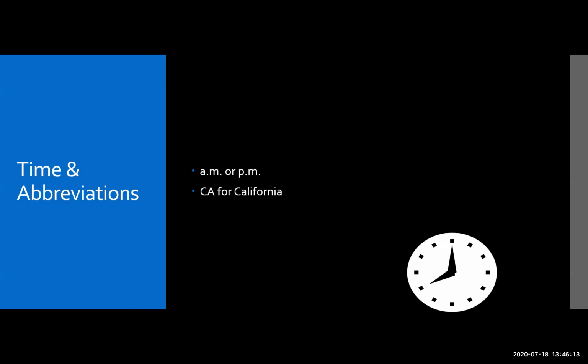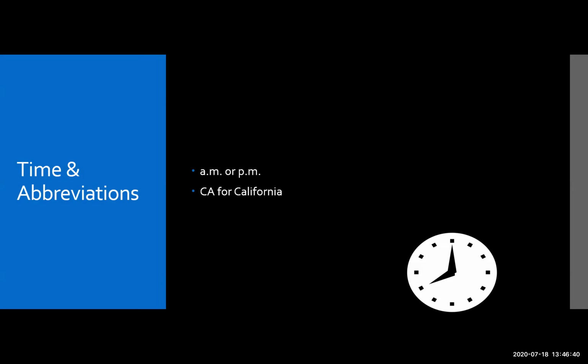Some people forget the periods. That is incorrect. Anytime you put a time on a form, for example, the form may say hearing time, you would need to put 8:30 a.m. exactly as it's illustrated on this slide.